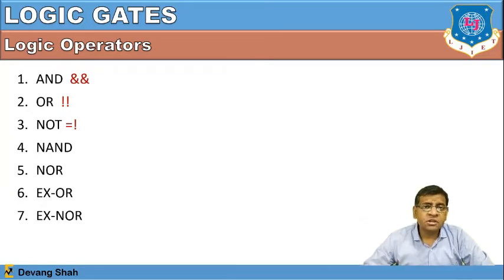So the basic operators are AND, OR, and NOT. And from the combination of AND, OR, and NOT, you have the universal logic operators like NAND and NOR. Based on that, we have some exclusive operations which we consider as XOR and XNOR. So let's consider one by one those logic gates.